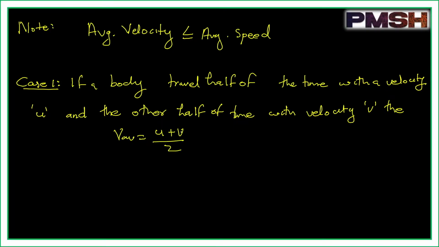You can add the two velocities and divide by 2. That will be the average. So here, for the time of the entire journey, half of that time is traveled with u and the other half is traveled with v. Then it will be this equation.